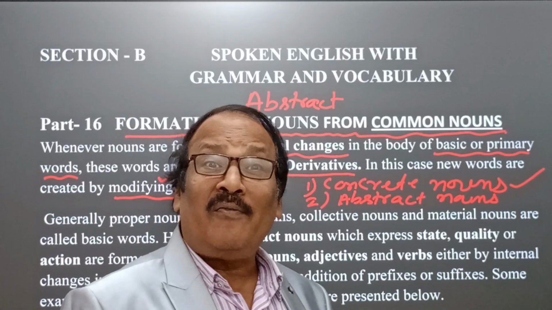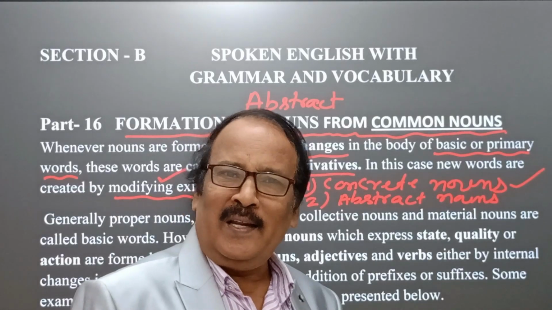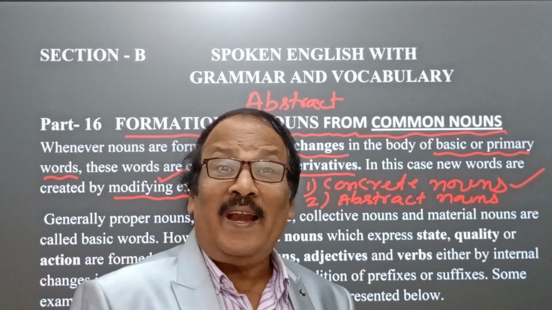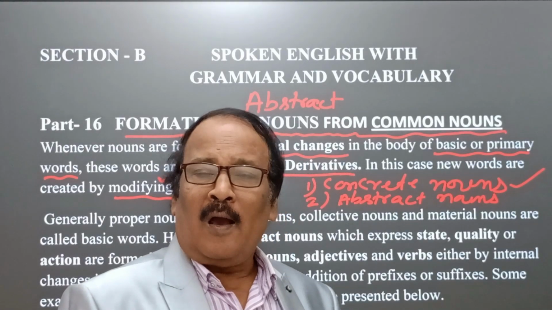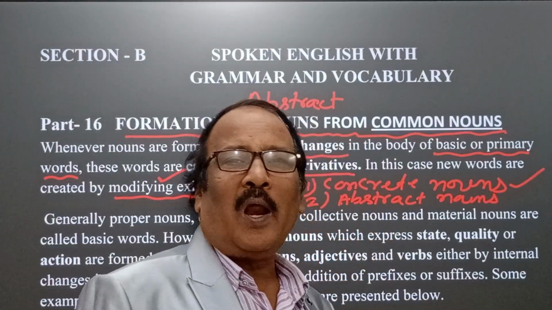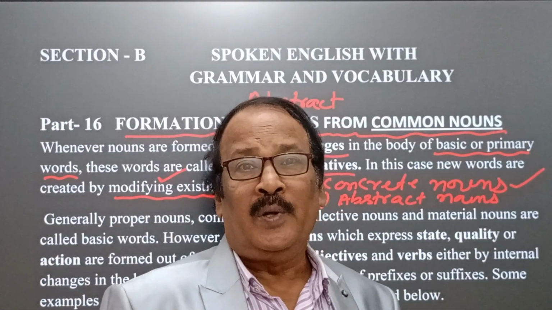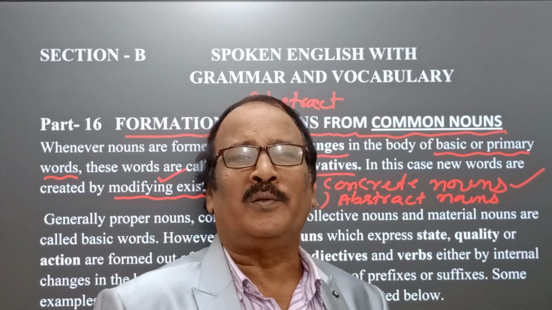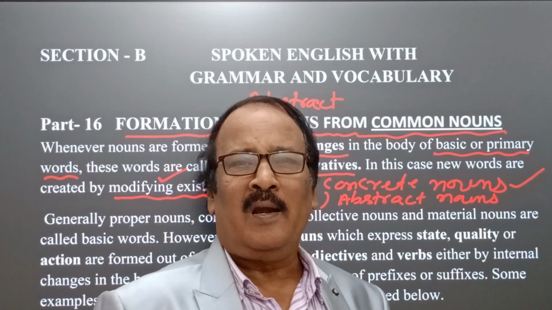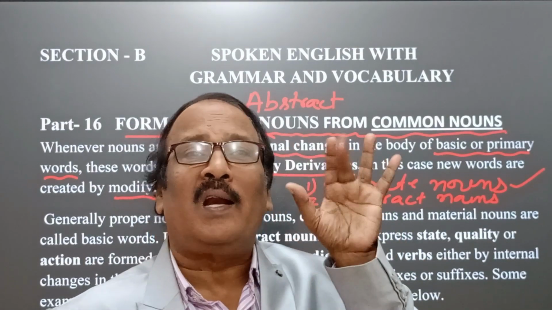But abstract nouns are what we call nouns expressing quality, action, state, any sort of feeling in connection with thoughts or ideas. They cannot be perceived through our sense organs, but we understand and feel them. Such types of nouns are called abstract nouns.